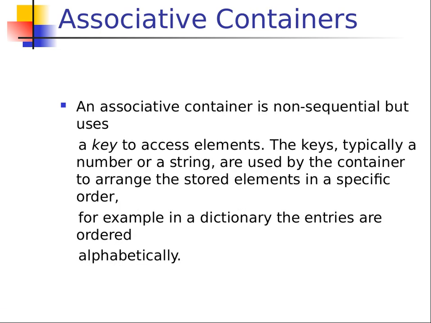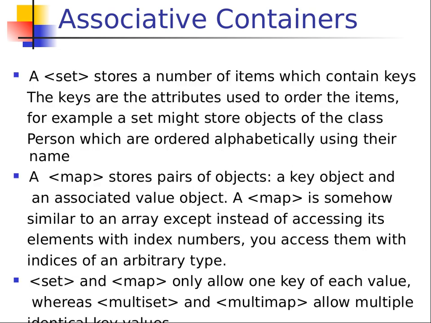Associative containers are going to be your hash maps. This is what I was talking about with key-value pairs: not sequential, but you use a key to access it. Typically it's a number or a string that maps to something. Very common, you'll have a hash map of social security numbers to a student object, for example.